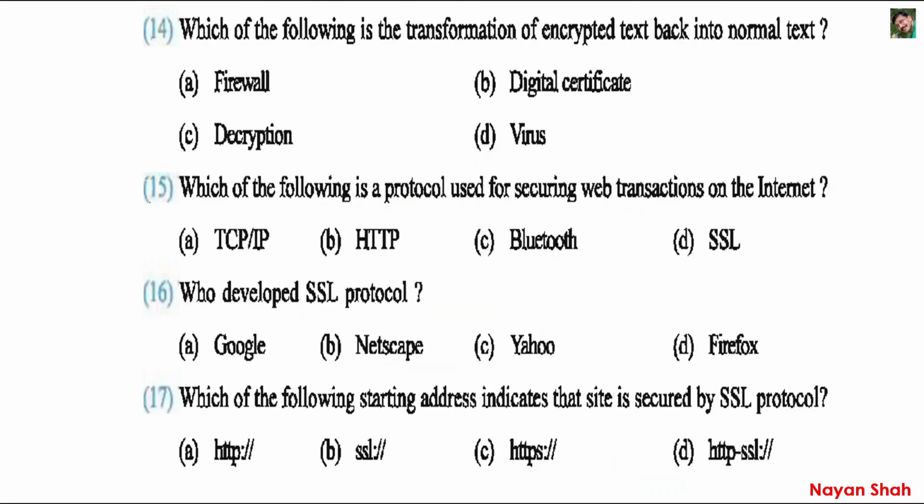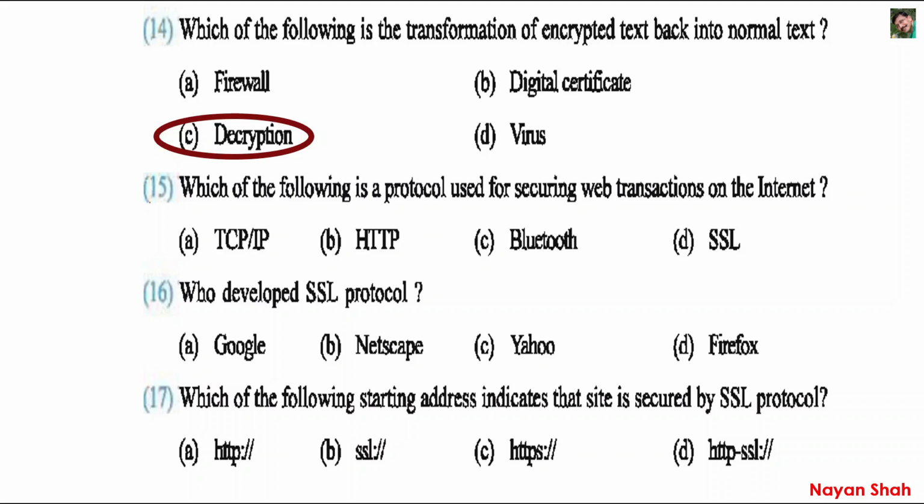Moving over to question number 14, chapter number 5. Which of the following is the transformation of encrypted text back into normal text? So the reverse process of encryption is known as decryption. So decryption is conversion of ciphertext into plain text, and encryption is conversion of plain text into ciphertext.